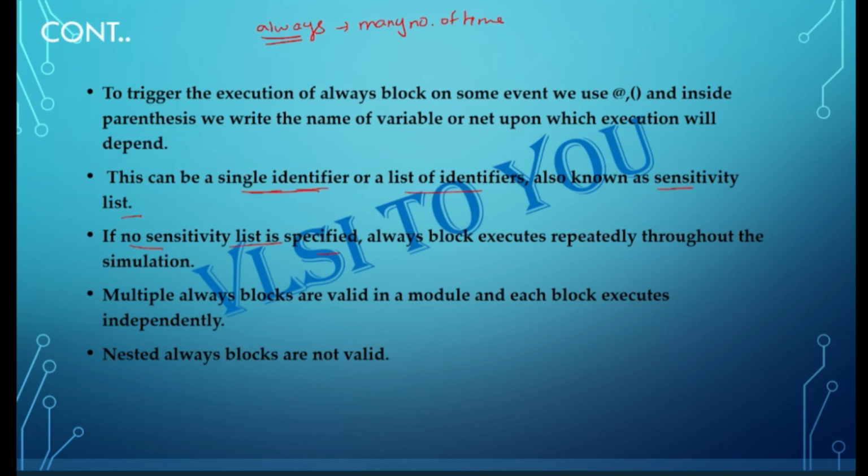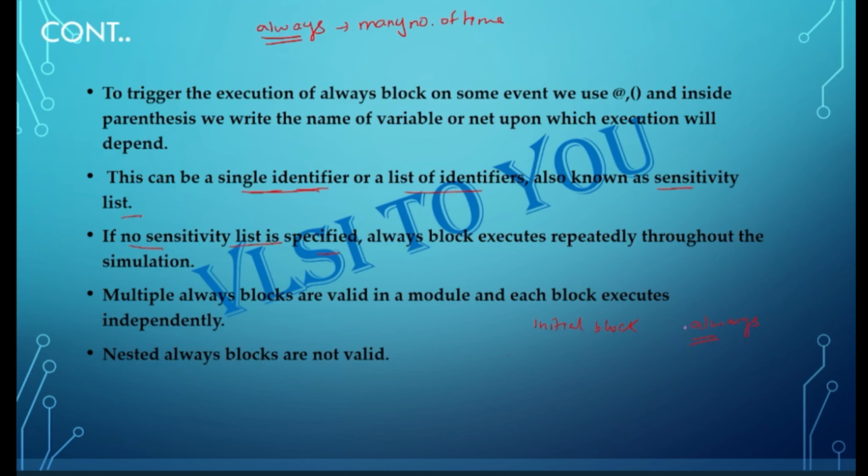Multiple always blocks are also valid, just like in the previous session we discussed for the initial block, where you can have any number of initial blocks within your code. Similarly, you can have any number of always blocks. It is not mandatory that you have only one always block in the code.